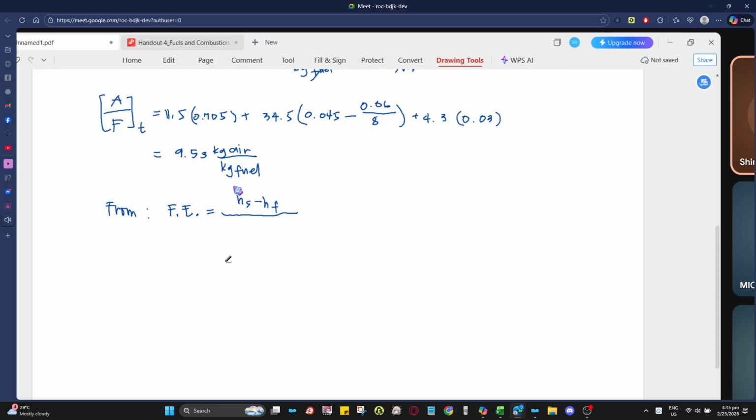Divided by the 2257. If you can recall this in your thermo 2, okay. So kung kilojoule per kilogram, then kilojoule per kilogram. Okay. HS minus HF divided by 2257.